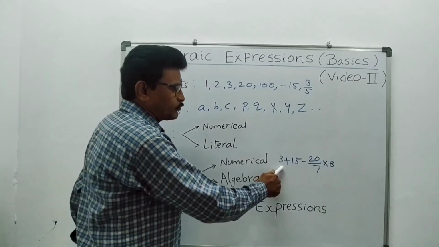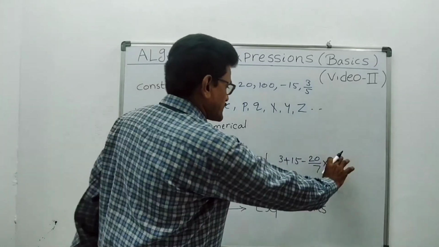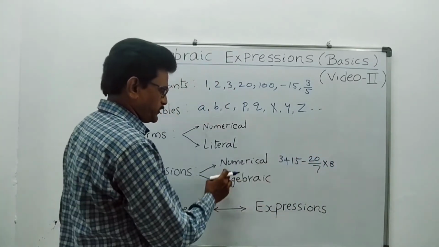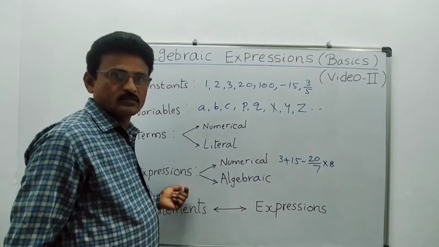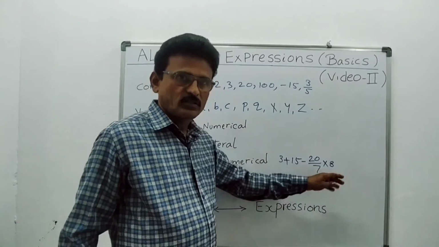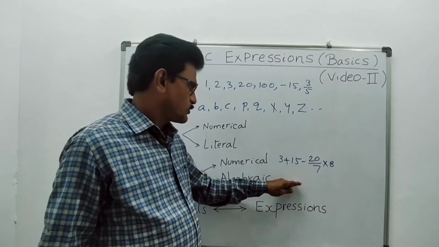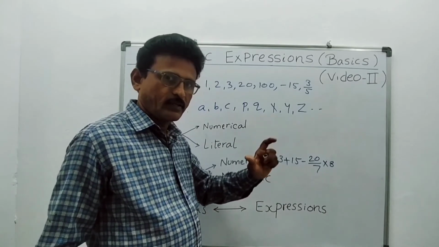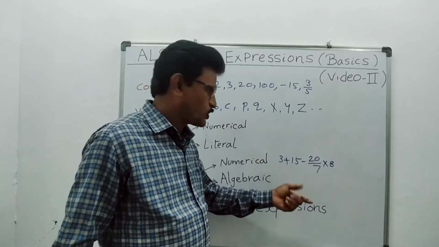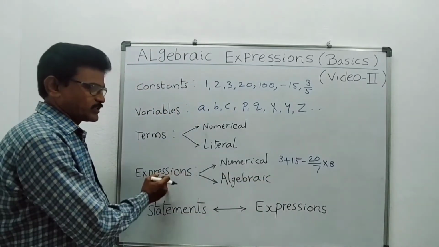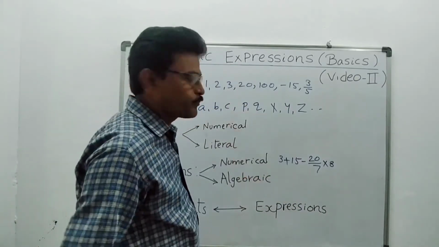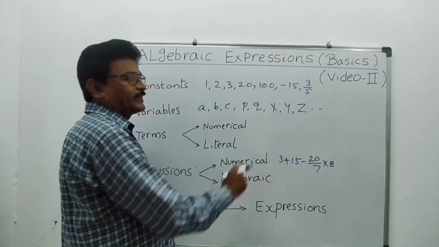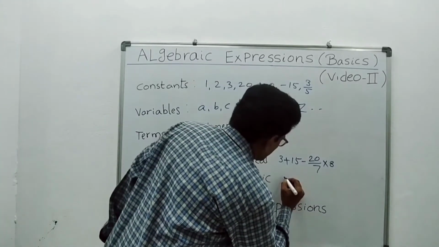So, here we are using only numbers. Such expressions are said to be numerical expressions. Okay, 1, 2, 3 terms, 3 terms here from numbers only. Okay, from numerals only. They are said to be numerical expressions. Now, what are algebraic expressions? Suppose we take literal terms, I am taking like that.